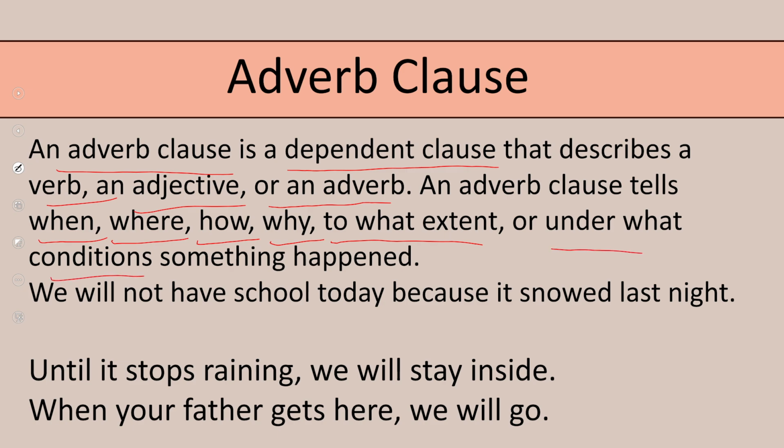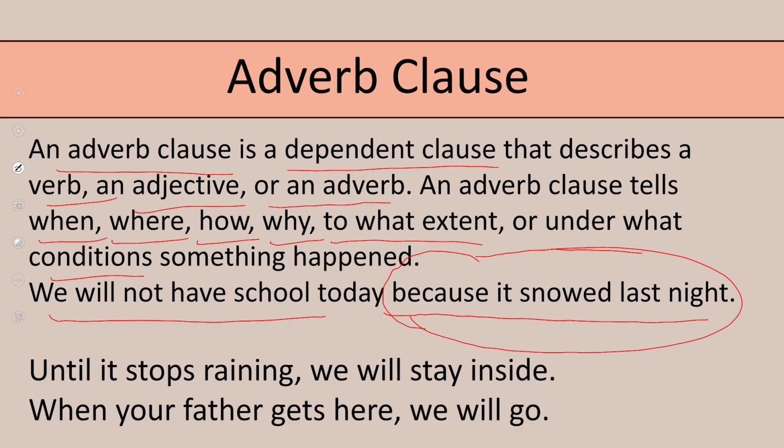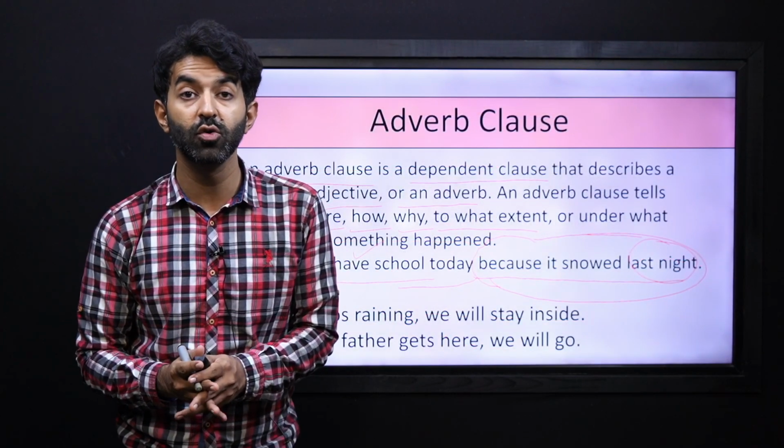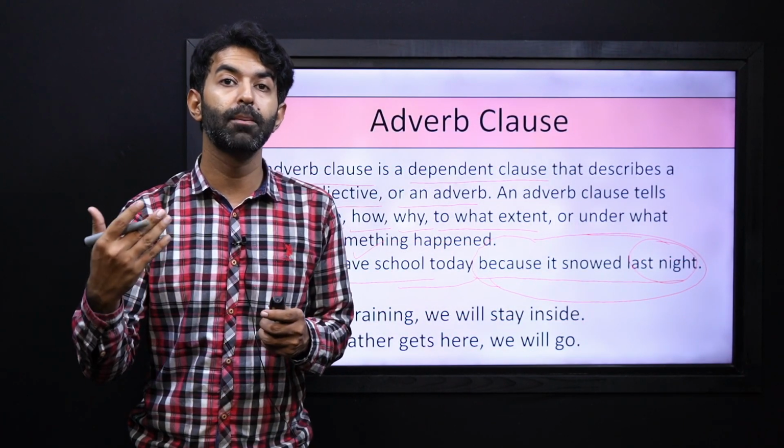Let's look at the example. We will not have school today because it snowed last night. Last night is our adverb, yes, and because it snowed last night is a clause, dependent on the other part of the sentence. This also includes our adverb, and that's why we call it an adverb clause. Simple. You can always find it in the dependent clause.